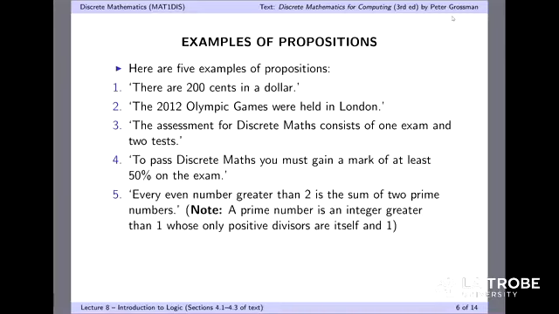Number 5. Every even number greater than 2 is the sum of two prime numbers. Do you think it's true? Let me write it down. I can write 7 as 2 plus 5, sum of two primes.